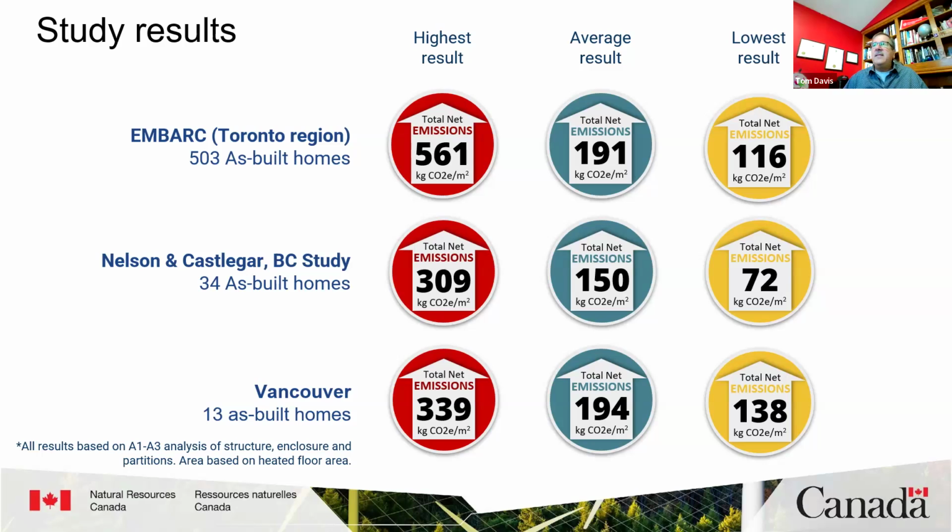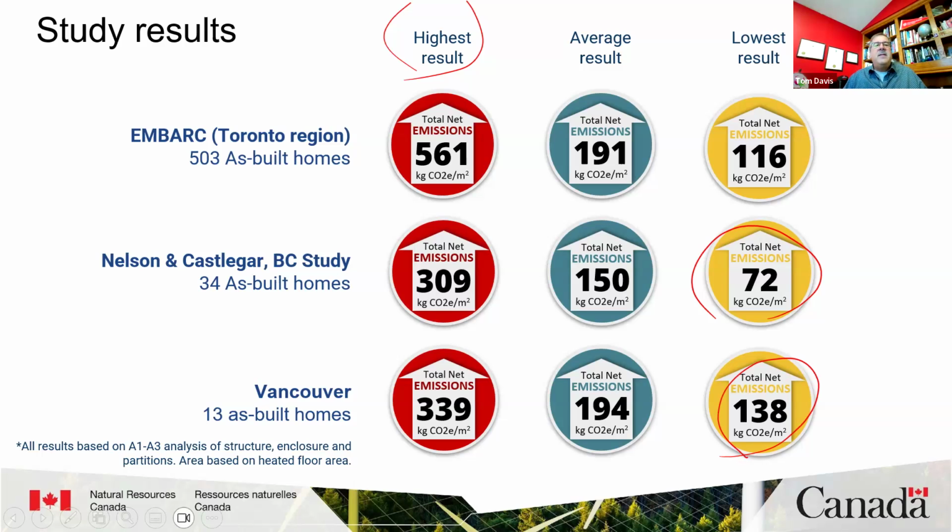At the high end, the figures shown in red over here, using high impact materials, the material carbon intensity can range from 300 to 550 kilograms of CO2 per square meter. At the low end, the carbon use intensity could be from 72, which is the low one here, to 138, which was the high one for that category.